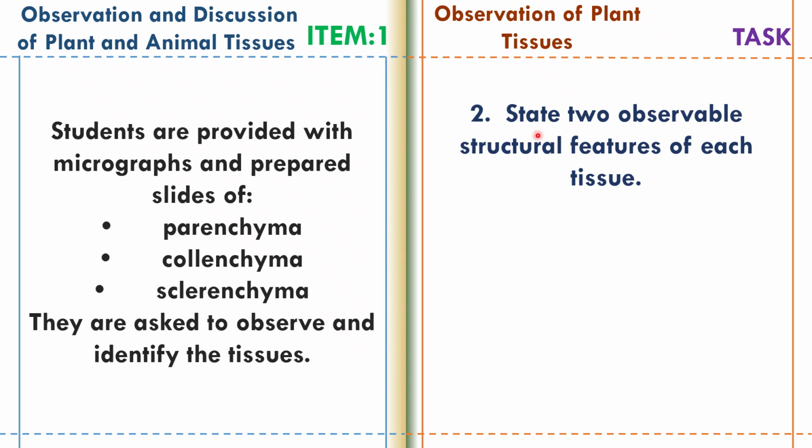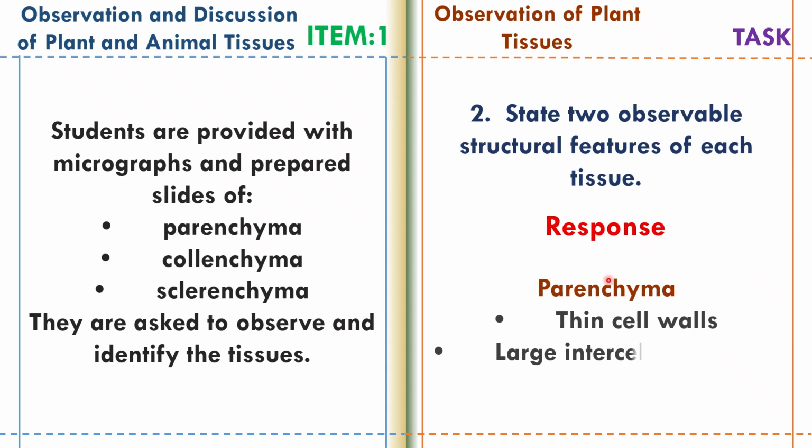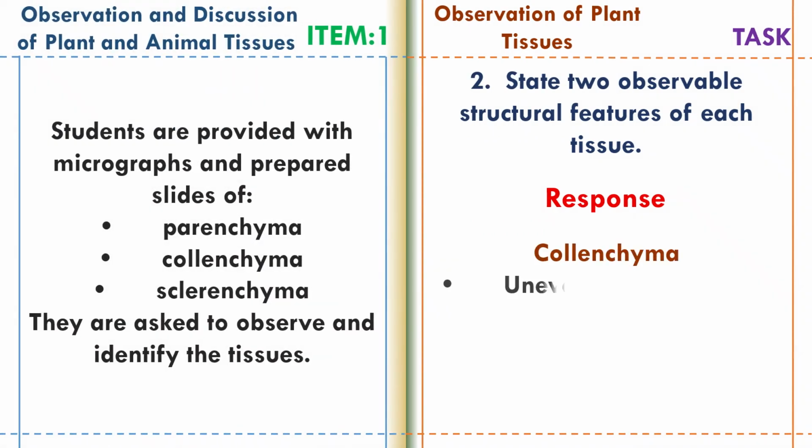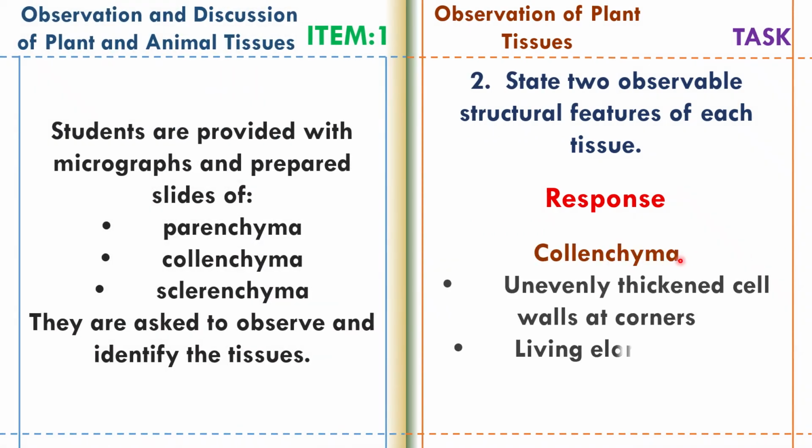State 2 observable structural features of each tissue. Parenchyma. They have thin cell walls. They have large intercellular spaces. Collenchyma.